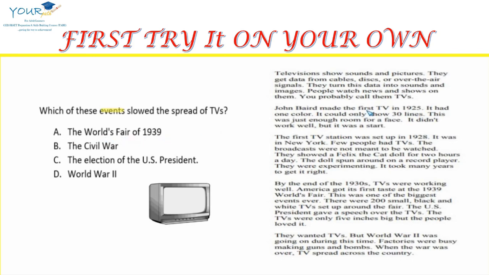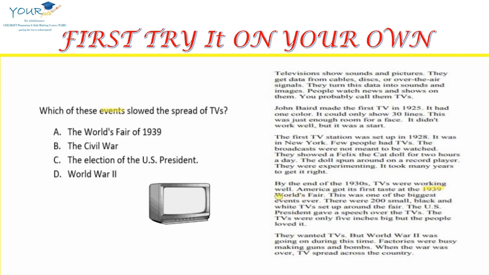Now we're going to come to our text and skim through it with a purpose, because we're looking for a specific event, that World's Fair of 1939. We're skimming, and now we have come to paragraph 4, and it states, by the end of the 1930s, TVs were working well. America got its first taste at the 1939 World's Fair. So now we have identified the event.